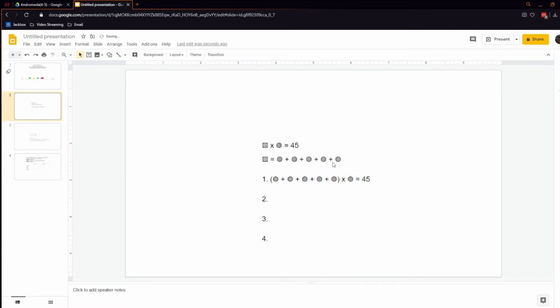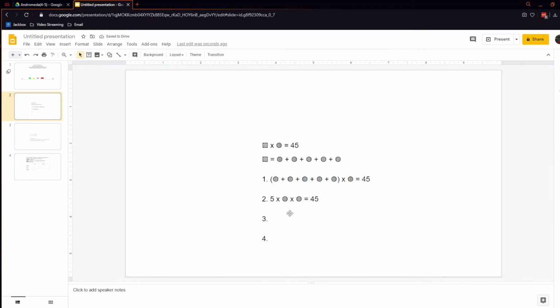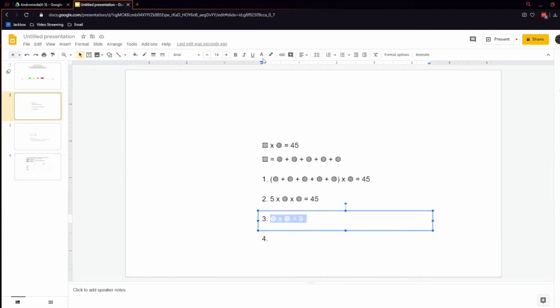From here, we can simplify this down to 5 times circle equals 45. Alright, now algebra says that we can divide both sides by 5, which will get us circle times circle equals 9.